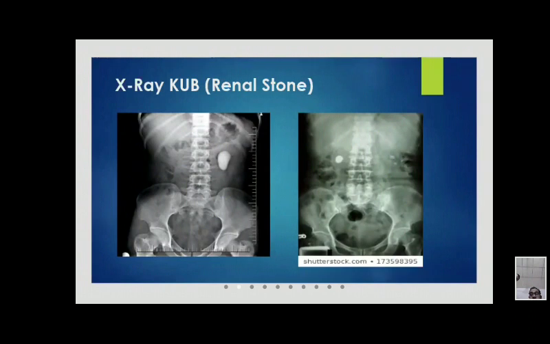In that case, we can prefer an alpha blocker. It causes relaxation of smooth muscle. So it is not a definitive treatment. It is an additional treatment.